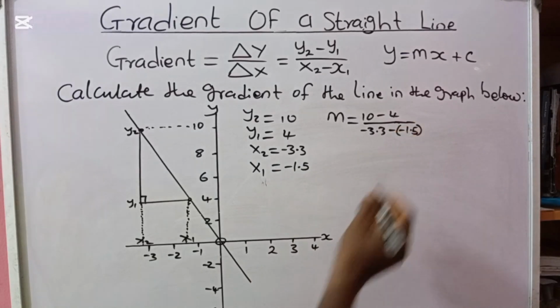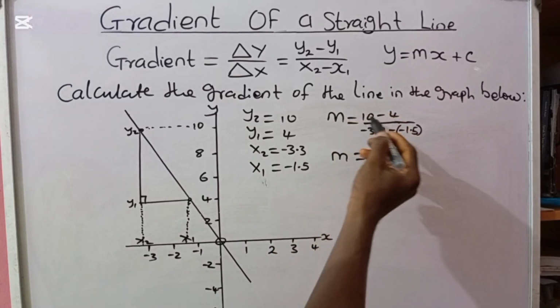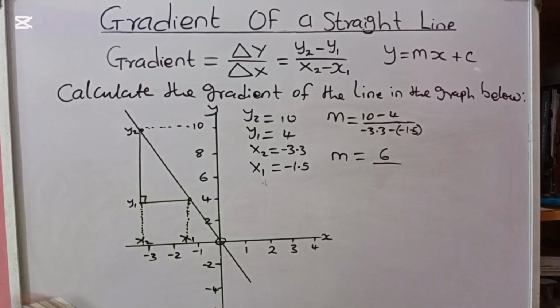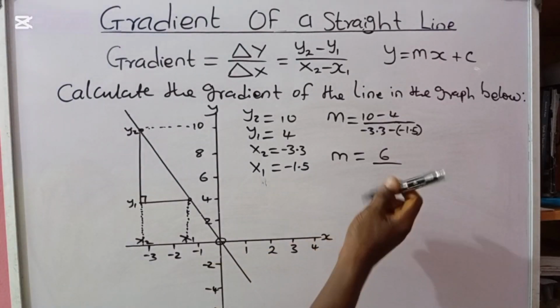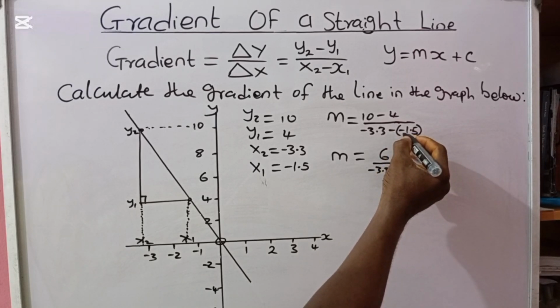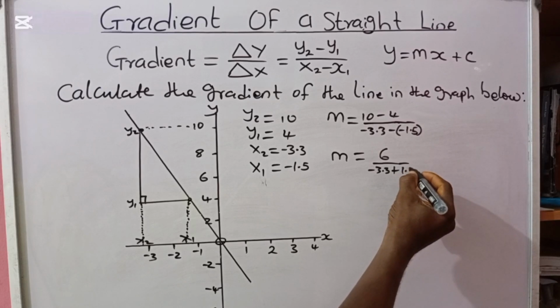All right, so having done that, 10 minus 4 will give us 6, all over. Now let's do the other part of the arithmetic. That is minus 3.3, minus times minus will give us plus 1.5.